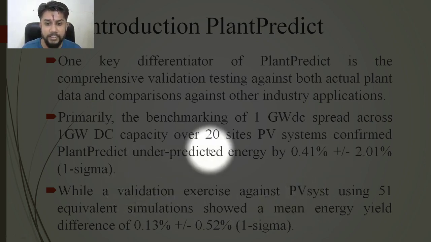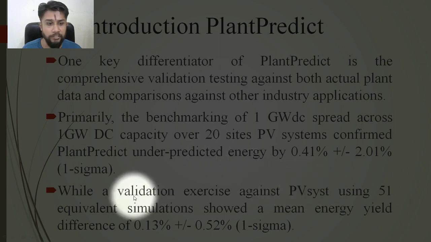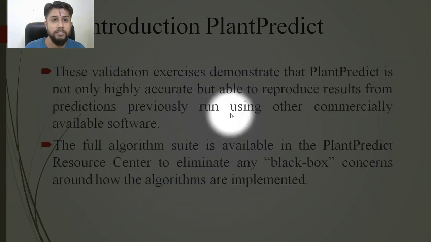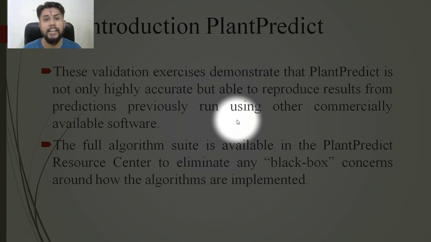While a validation exercise against a PV system using 51 equivalent simulations showed a mean energy yield difference of 0.13% plus or minus 0.52%, which is highly accurate. This validation exercise demonstrates that PlantPredict is not only highly accurate but able to reproduce results from predictions previously run using other commercially available software.